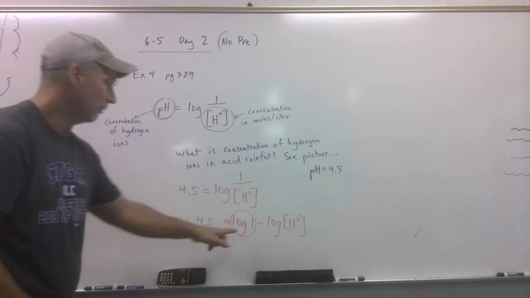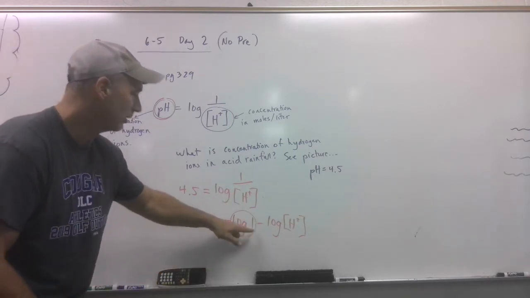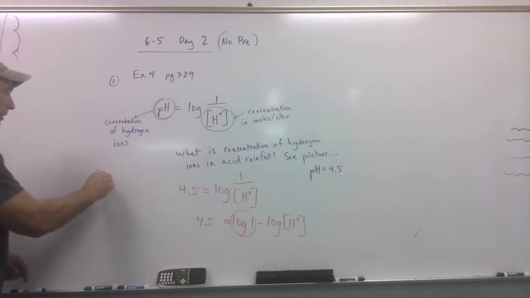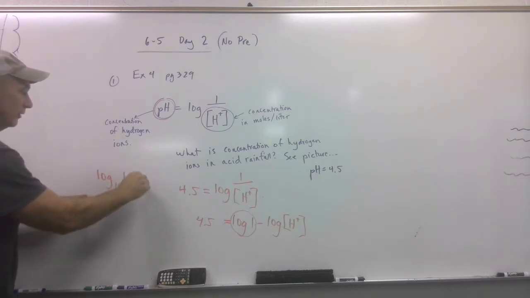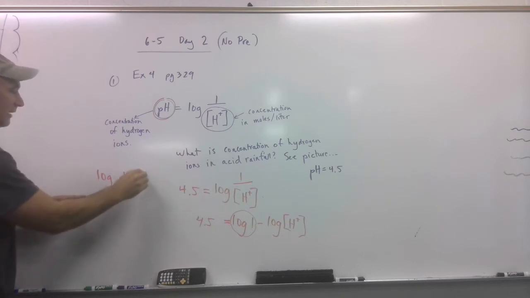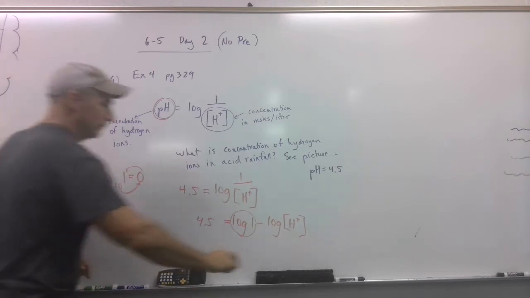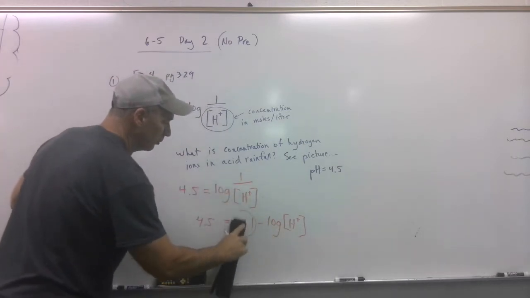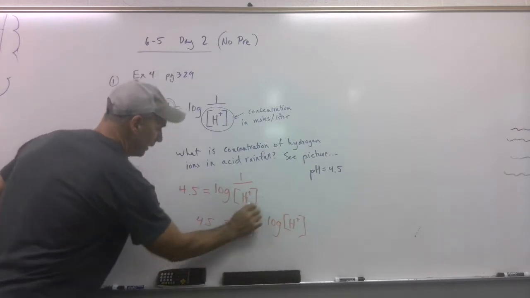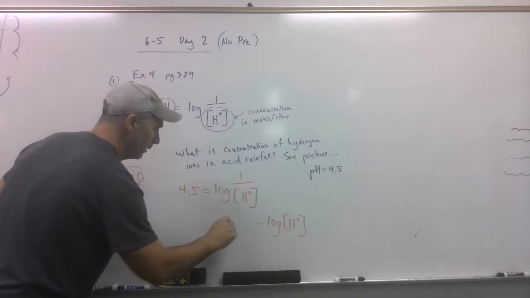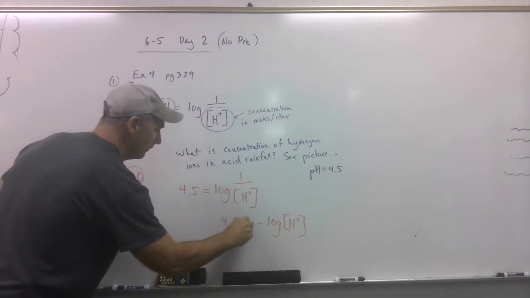When you see a 1 right in that position, you know, because this is what it really means. What does that equal? 0, because 10 to the 0 power is 1. So that just goes bye-bye. So I can squeeze this together and I get 4.5 equals.